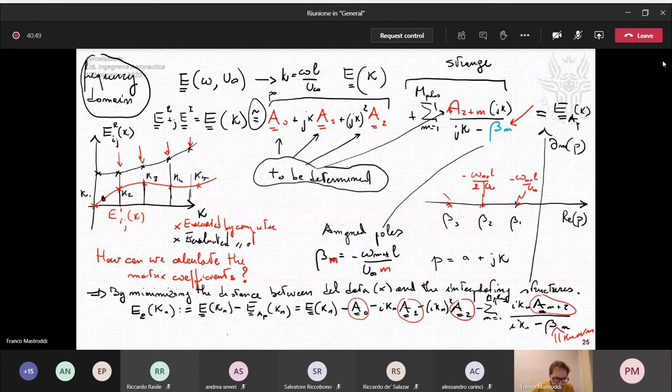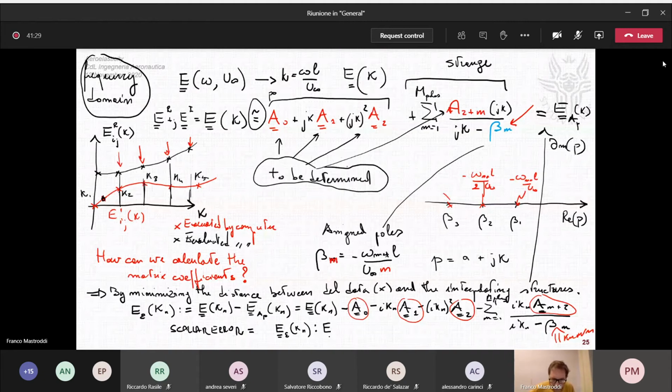We define this scalar error as the matrix inner product between the error matrix epsilon, function of Kn, which is a complex matrix, and its conjugated matrix.